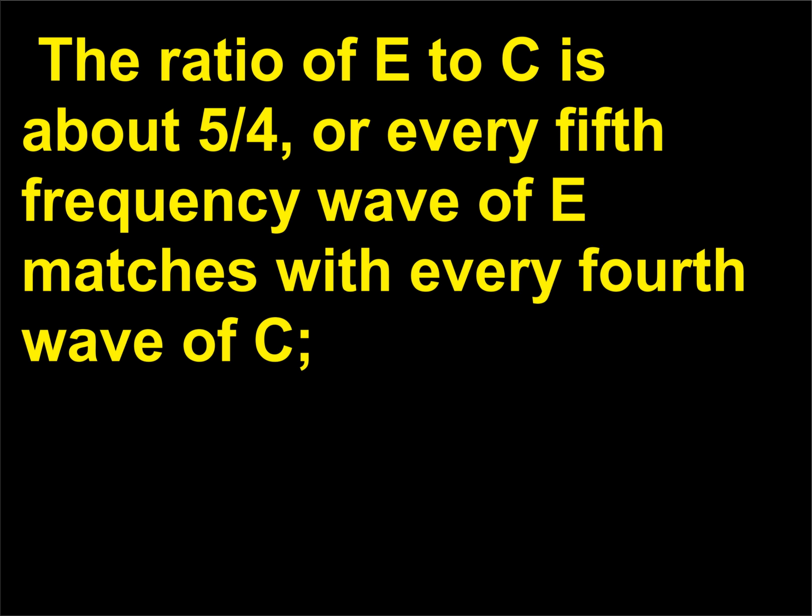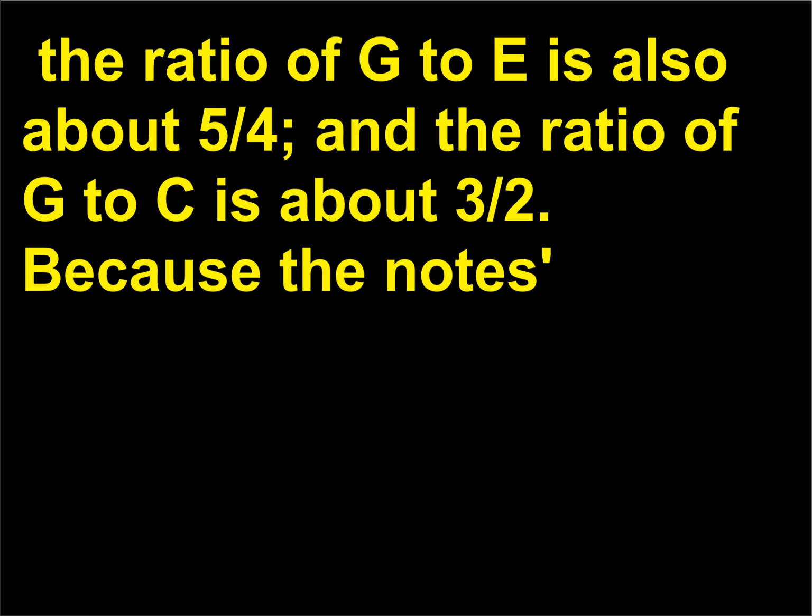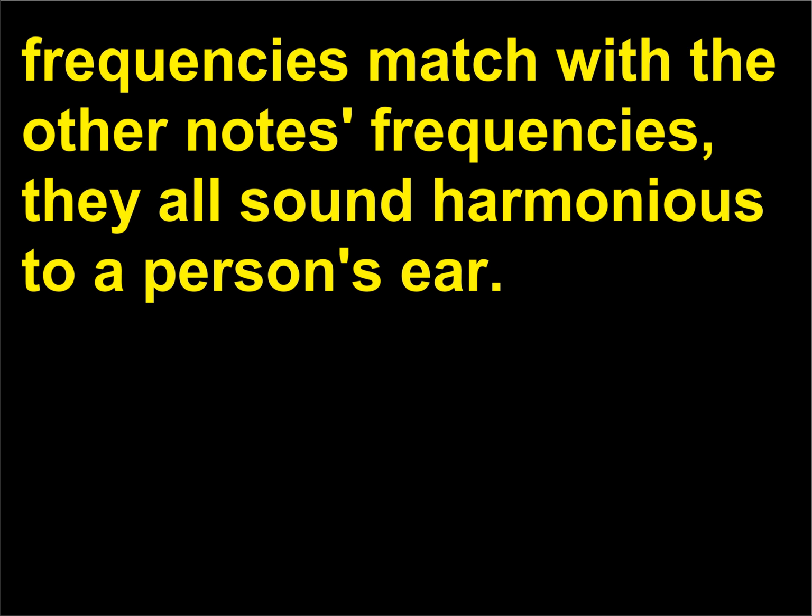The ratio of G to E is also about 5/4, and the ratio of G to C is about 3/2. Because the notes' frequencies match with the other notes' frequencies, they all sound harmonious to a person's ear.